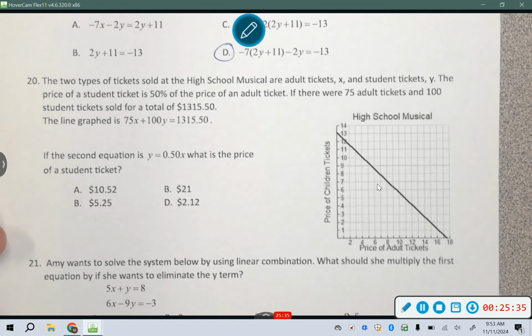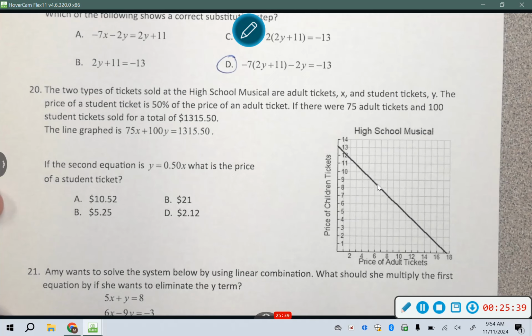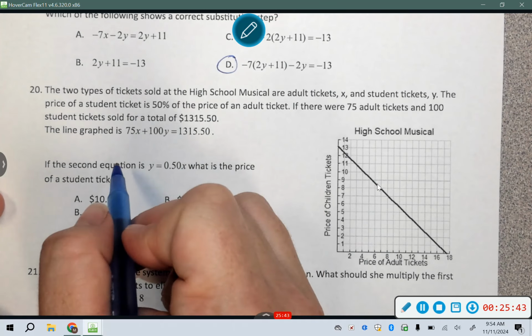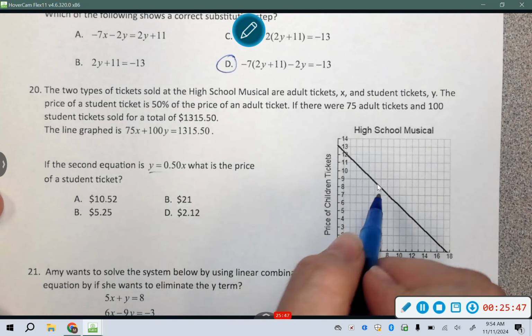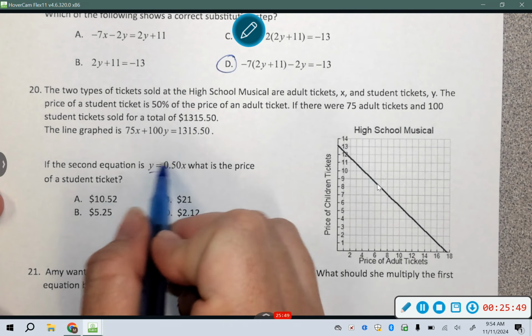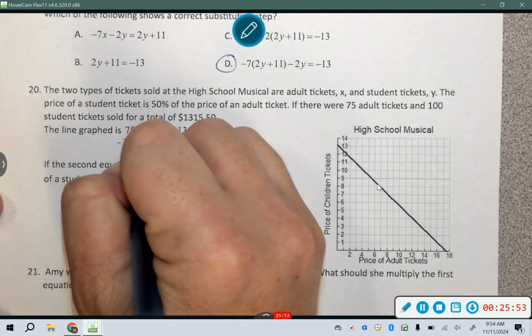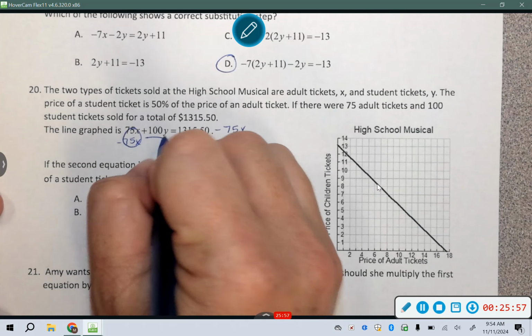Okay, number 20. We've done a couple of these. There's multiple ways to do it. I'm going to show you 2 different ways. First things first, I'm going to solve for y. So I already have this one as y equals. It tells me this one's graphed, but if I don't want to graph this one, I can solve for y. So I'm going to do -75x and divide by 100.